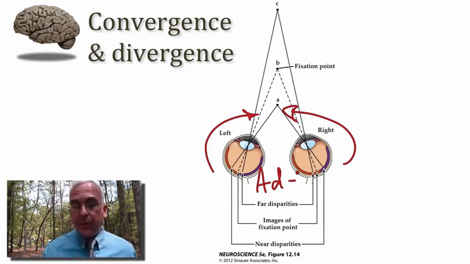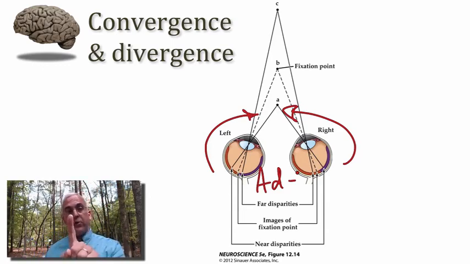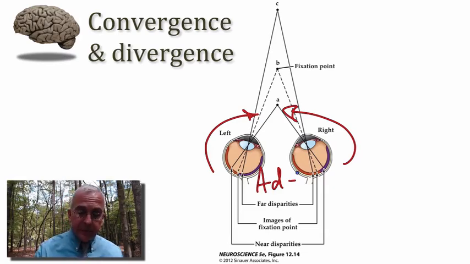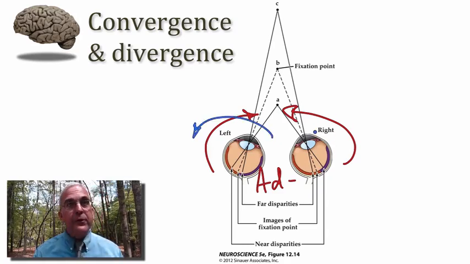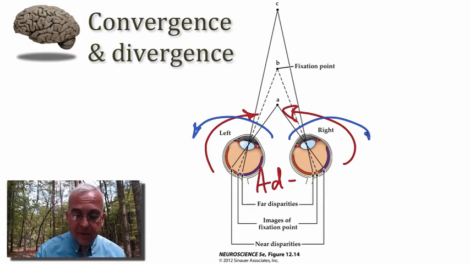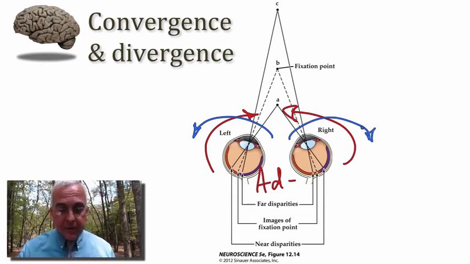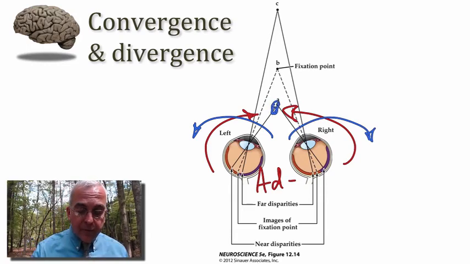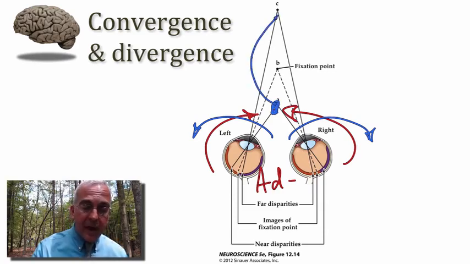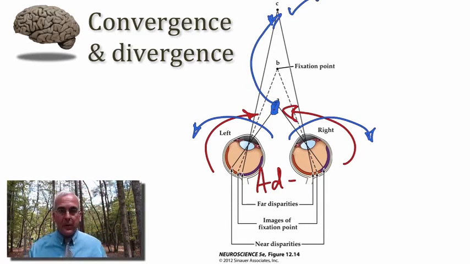Now, if one was going to go from that near point of fixation to a distant target, divergence is necessary. So divergence is going to cause the left eye to rotate to the left and the right eye to rotate to the right. This will bring our point of fixation from point A out to some distant target, point C. Okay, so going from near to far involves divergence.